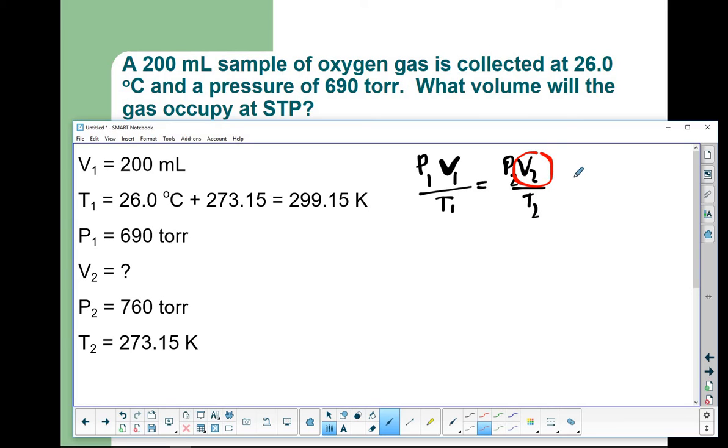So if I rearrange it, sorry about the drawing, V2 is going to be equal to P1, V1, T2, because I multiply both sides by T2, that's a 2 by the way, divided by T1 and P2.